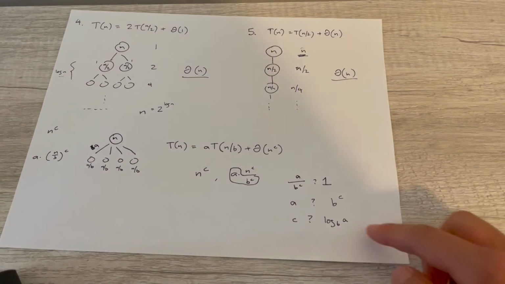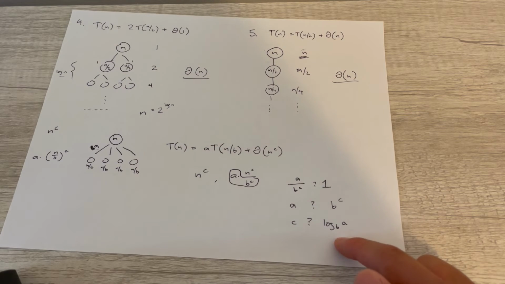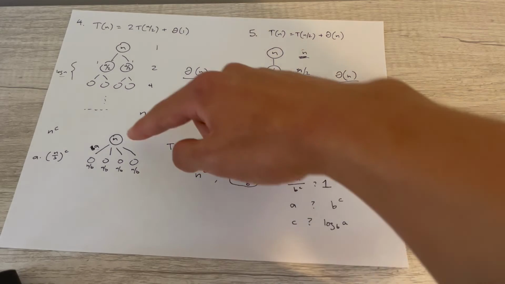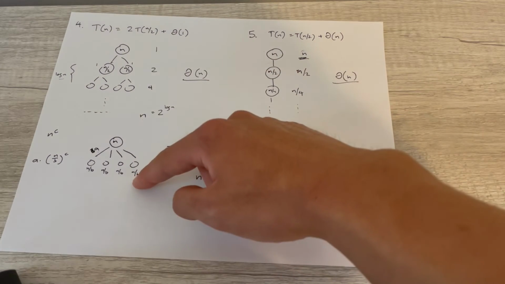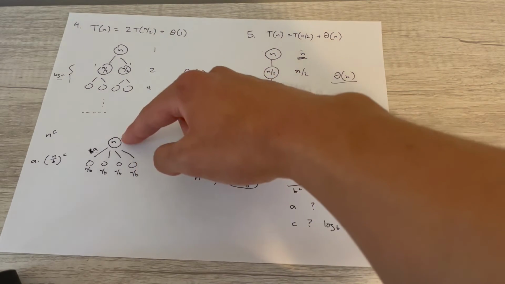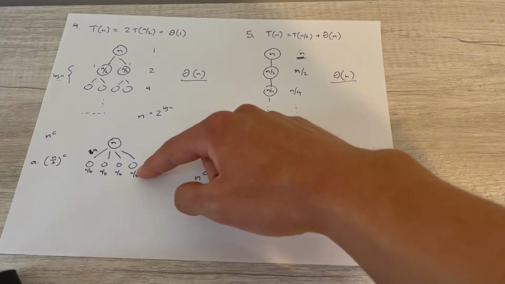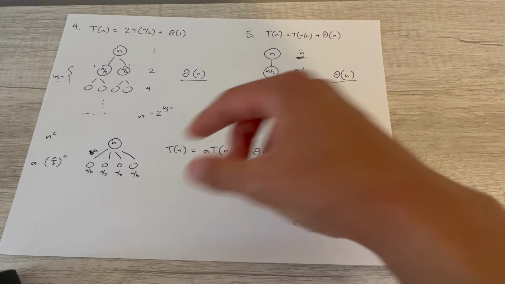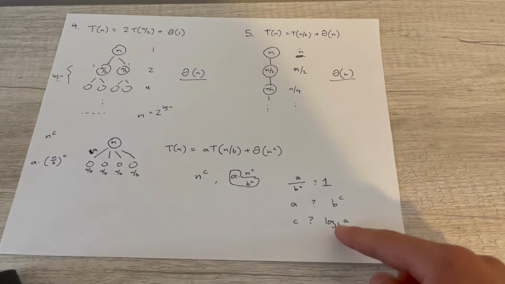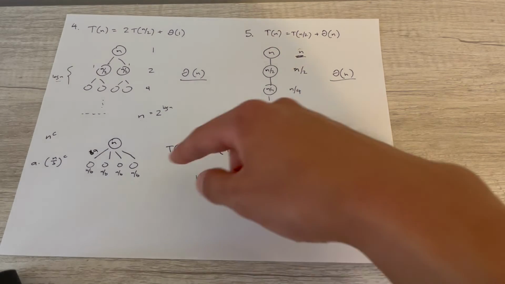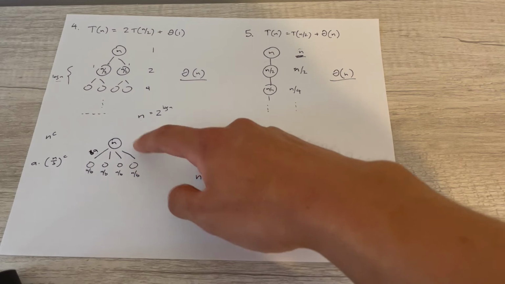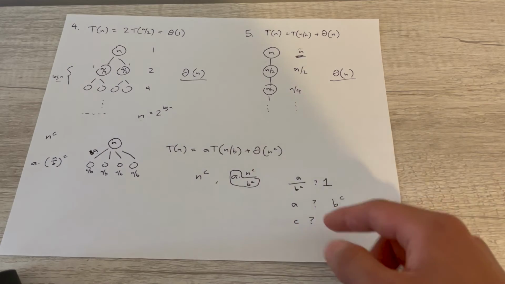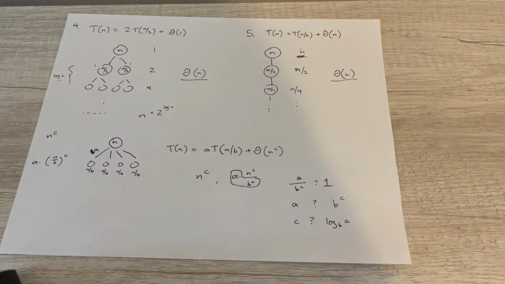If c is greater than log base b of A, then this is going to be smaller than 1, which means that there's more work being done at the root than at this level, which then continues onwards to lower levels. If c is smaller than this logarithm, then there's more work being done at this level than at the level above, because this value is greater than 1. And if they're equal, then these two are equal.